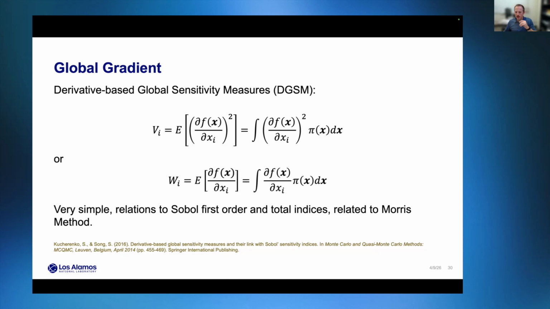And there's also a version where you don't square them, and there's kind of different theory for why you would do each. It's related to something called the Morris method that I'll talk about in a minute also. But there's also the relation to the Sobol sensitivity that's been explored in a number of papers.